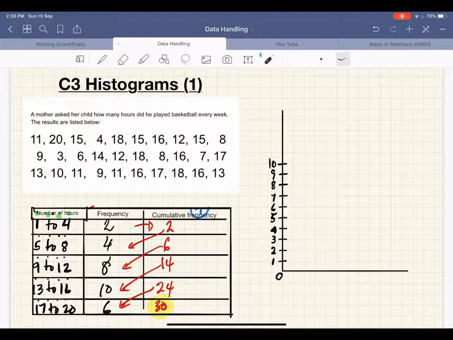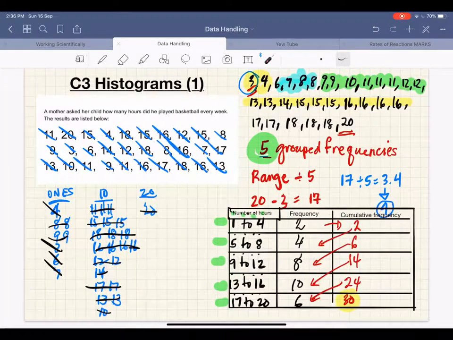Just to remind you, to figure out the width of each class, we did range divided by the classes. How many classes do we want? 1, 2, 3, 4, 5. So our range is 20 minus 3, which gave us 17, divided by the number of classes we wanted, gives us 3.4. And we just go to the next whole number.